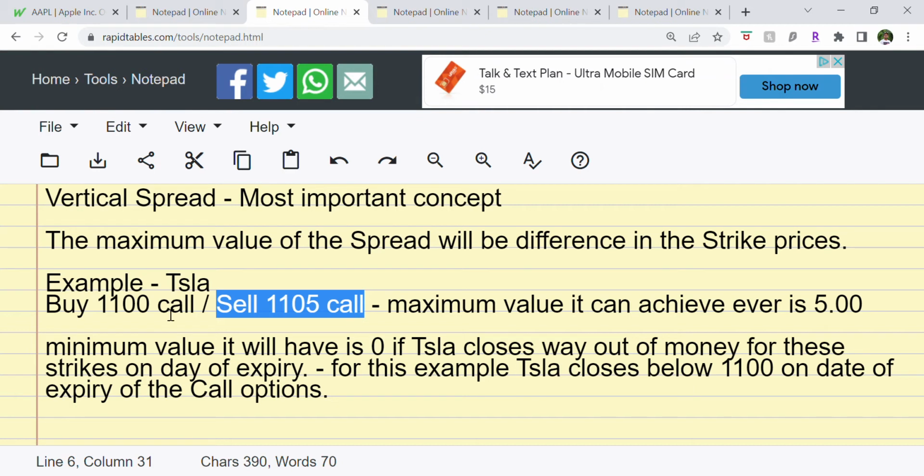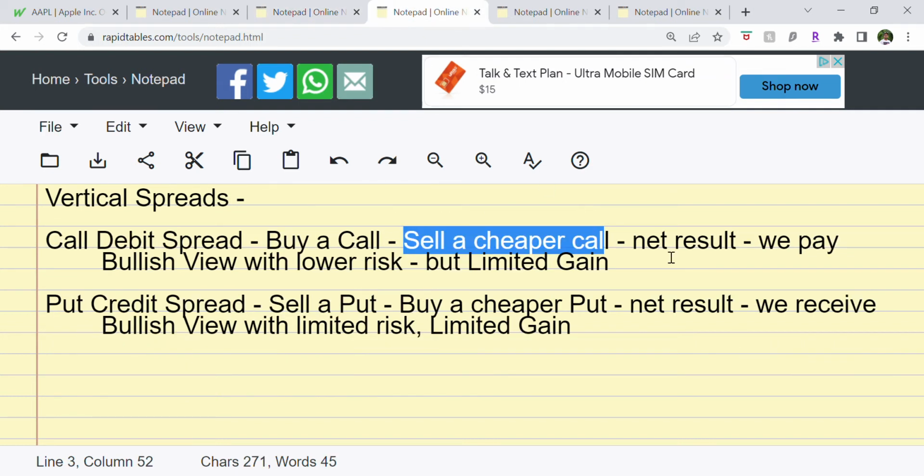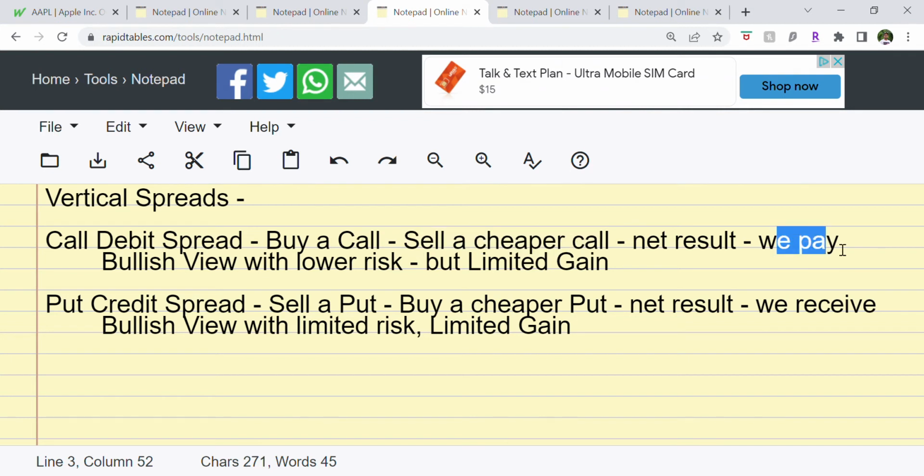You are buying for 40 and selling something else for 38. So how much are you actually paying? You paid 40 out of pocket, then collected 38, so you are paying $2, which is 2.00 in option price, and when you multiply it with the lot size, you are paying $200. So that is a call debit spread.